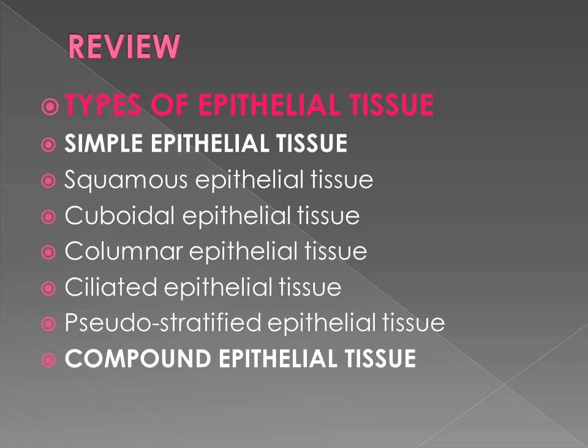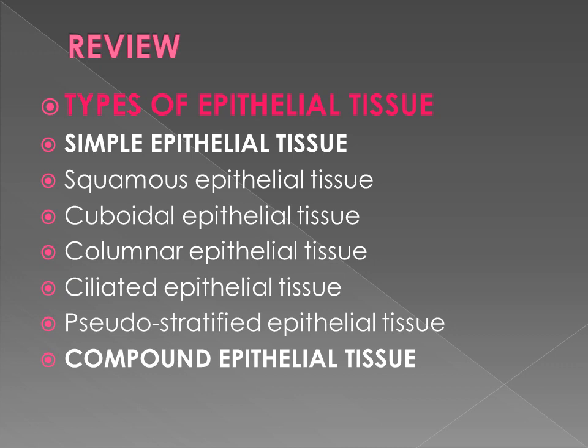Among these, the first one, squamous epithelial tissue, we have discussed in the previous class. Squamous means the shape of the cell is flat, and its location and functions we have discussed in the previous session, right?